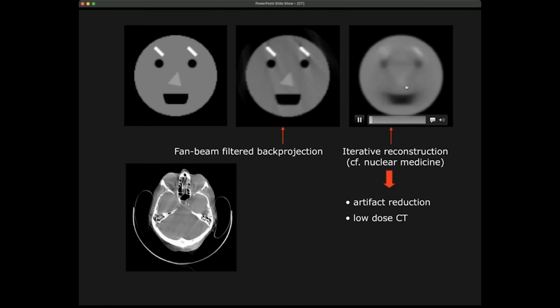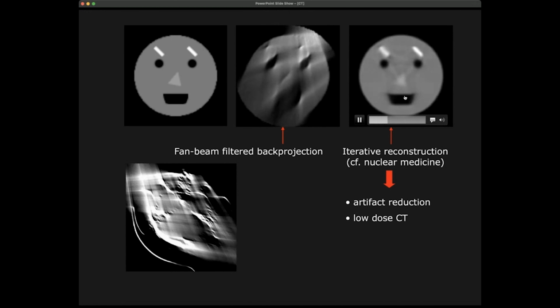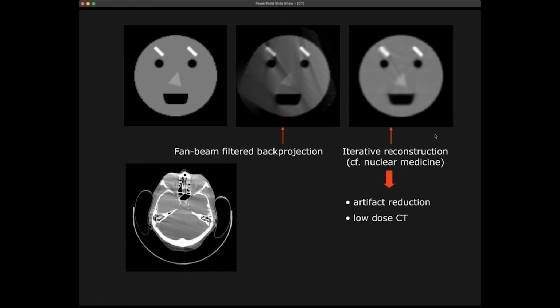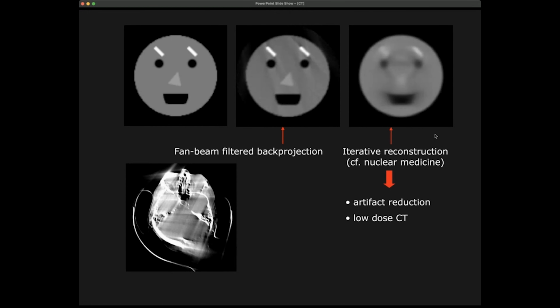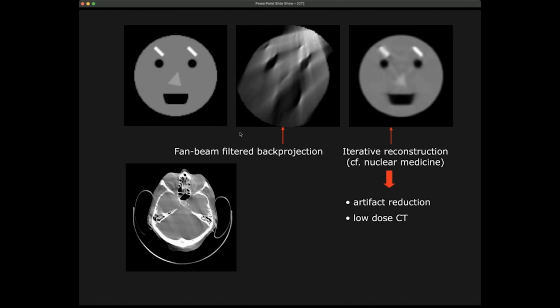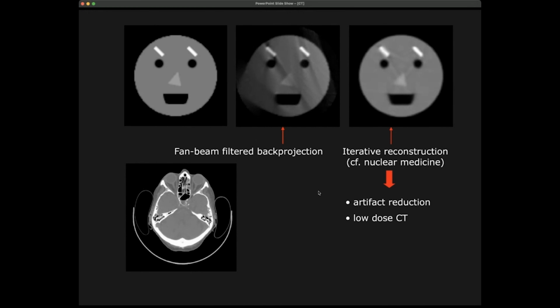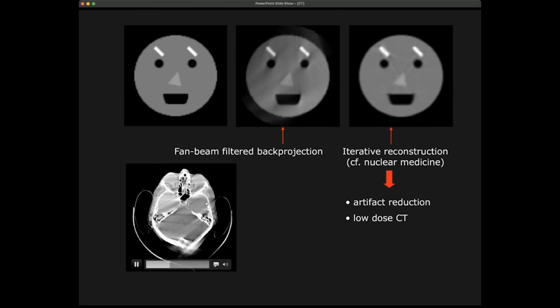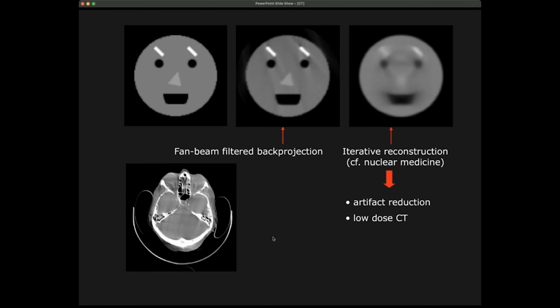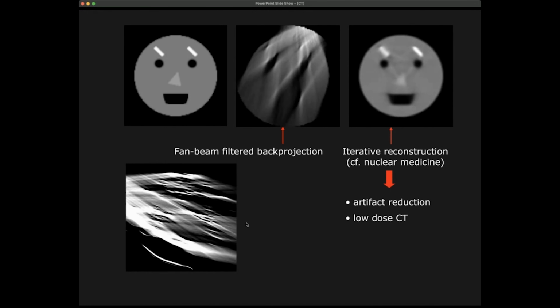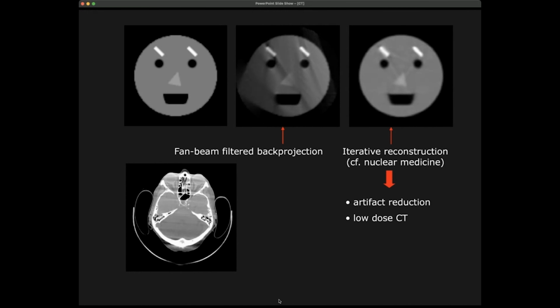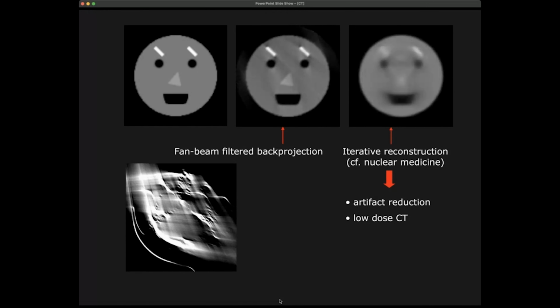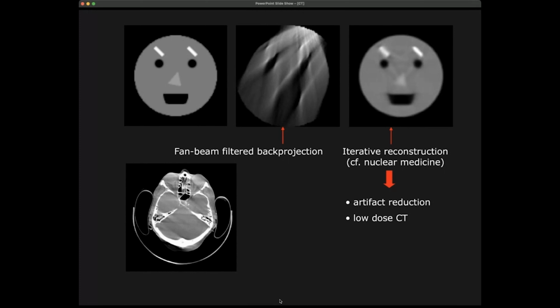And here is the iterative reconstruction, where you see that we start from just a gray disk, and then we refine more and more in order to resemble more and more the original image. And here you see a filtered back projection of a real image, where you start to see that the more information you add, the more angles you add, the better you can get.